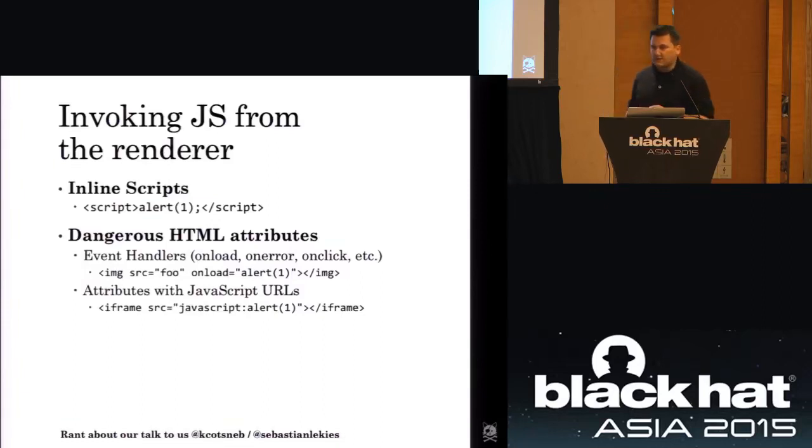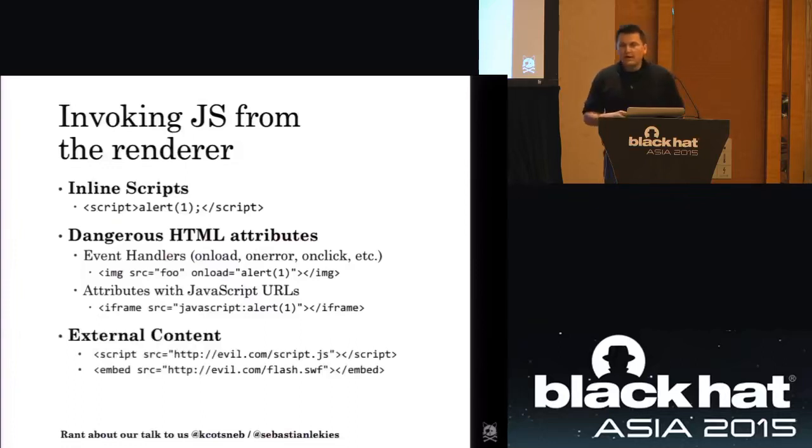And there's also another way to trigger JavaScript with HTML attributes, and this is JavaScript URLs, which we can see here. So, for example, if we have attributes that accept JavaScript URLs, such as iframe source, we can use that to, again, trigger the JavaScript engine.